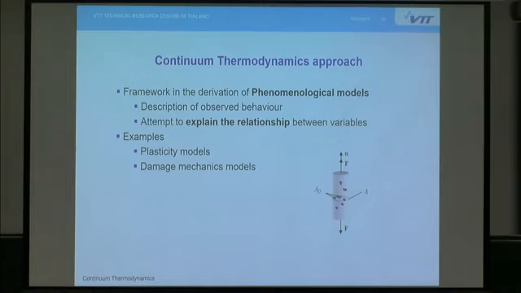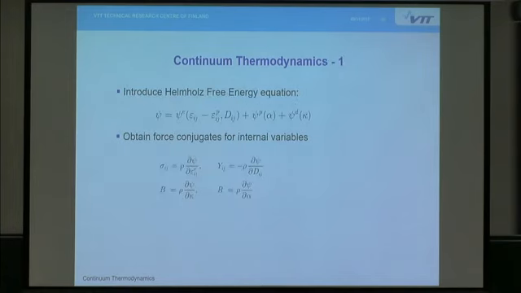And it has usually been done in the continuum thermodynamics framework, which I shortly go through. So at first we introduce Helmholtz free energy with the variables we want to use, damage, plastic strain, and by differentiating the energy we can get force conjugates like stress.